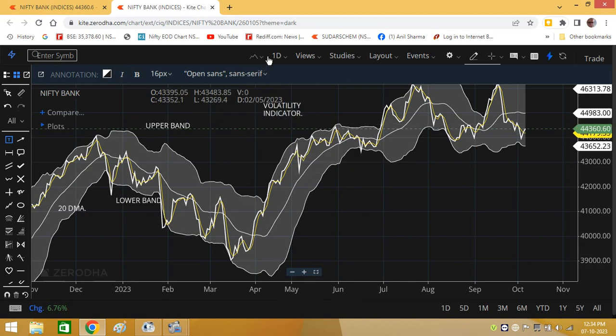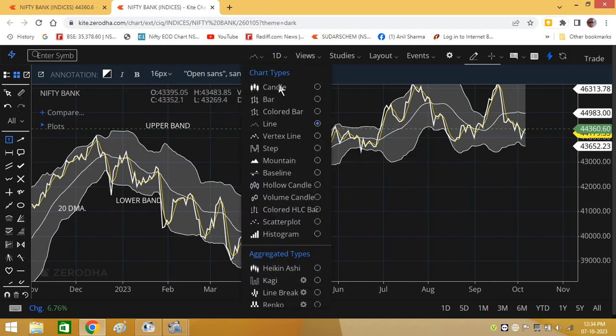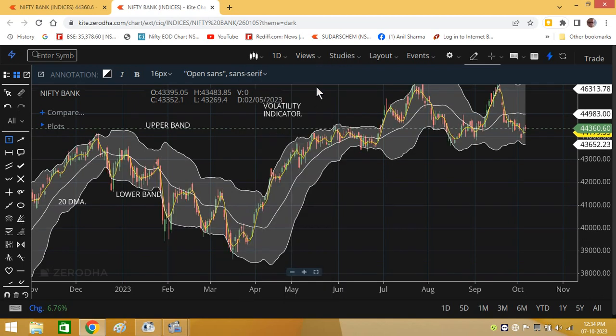I will just convert it into candlestick charts. For intraday trade, the time frame is 15-minute candle and moving average of 3. I will explain the rationale also. For swing trading, it is the daily chart, that means candle of 1 day, and the moving average of 3. Moving average of 3 is nothing but a confirmation only.